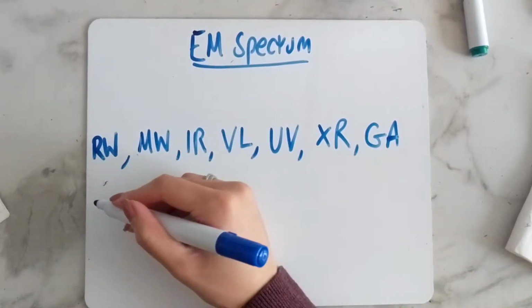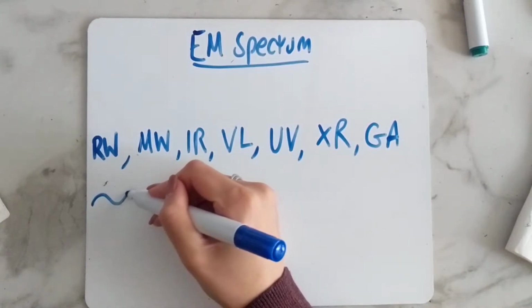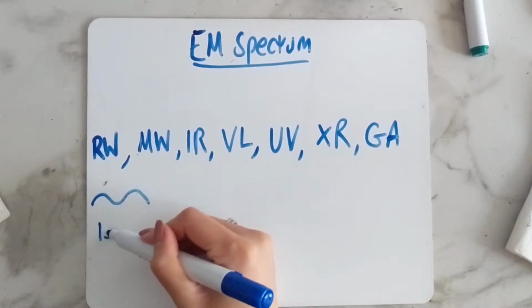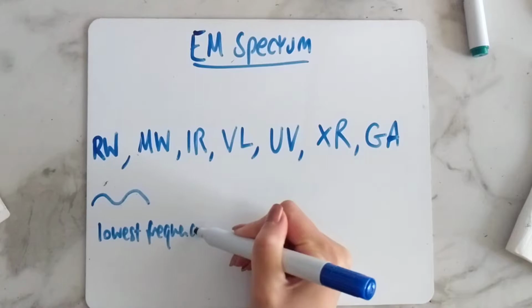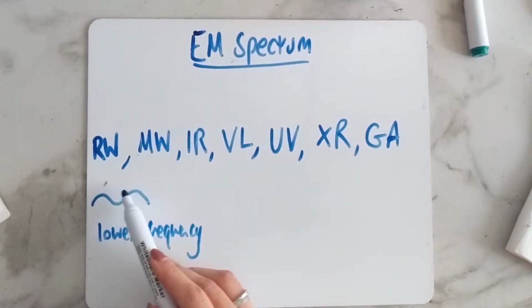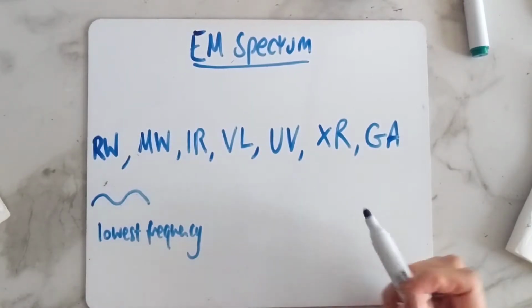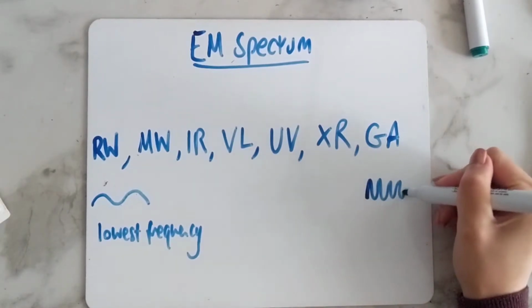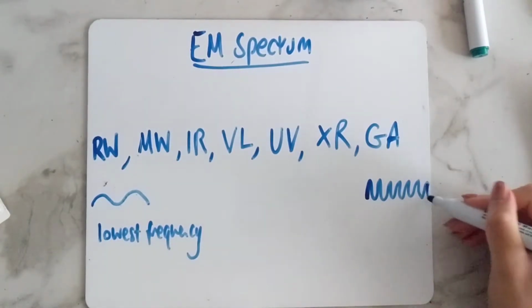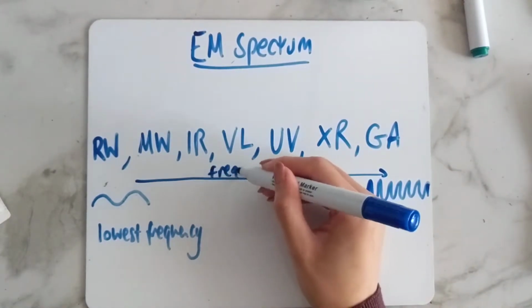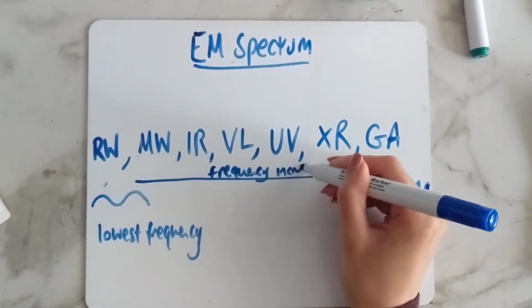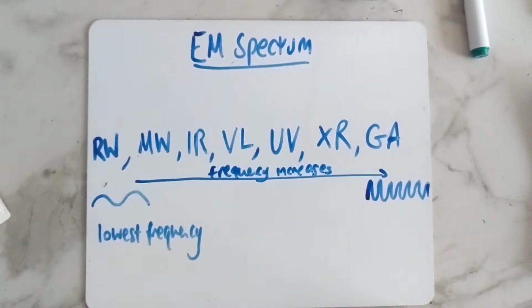So radio waves have the lowest frequency. Now, lowest frequency, if you remember, means you don't have that many peaks per second, whereas gamma is the highest frequency. So frequency increases as you go from radio waves to gamma rays.